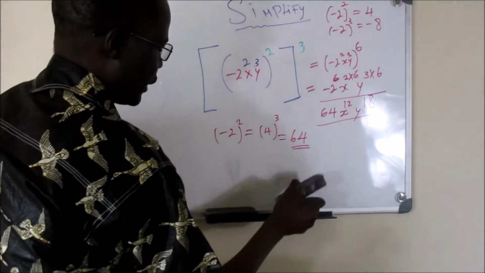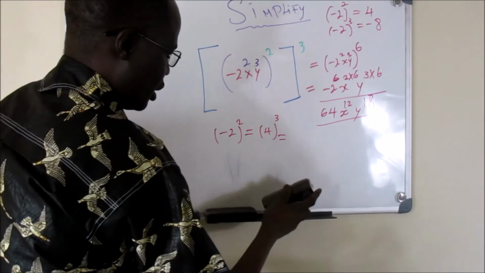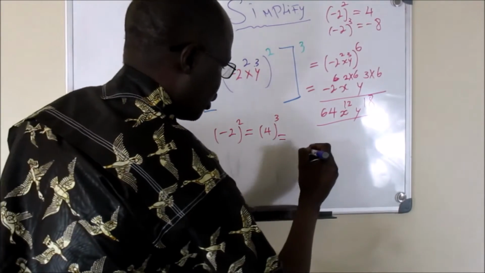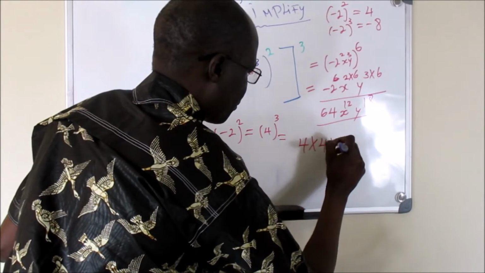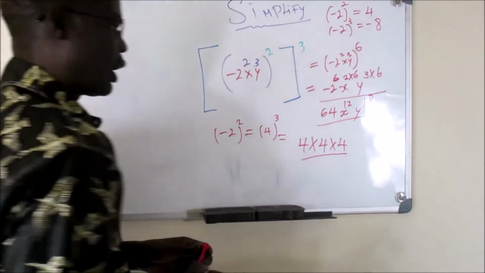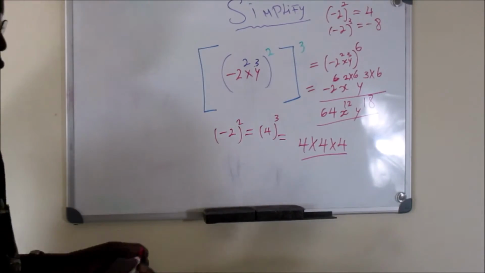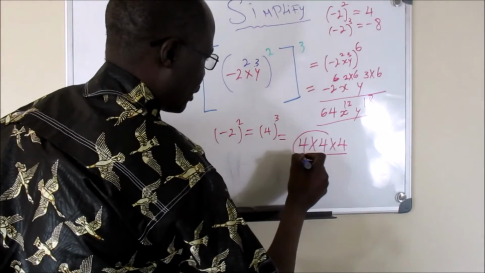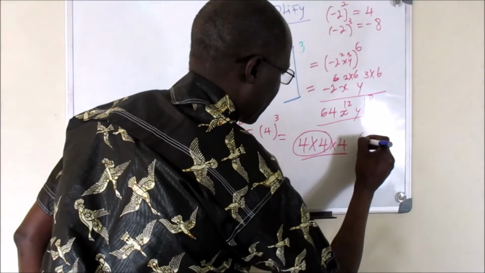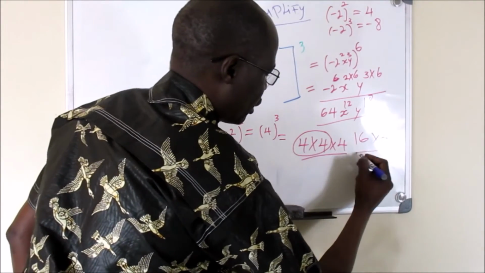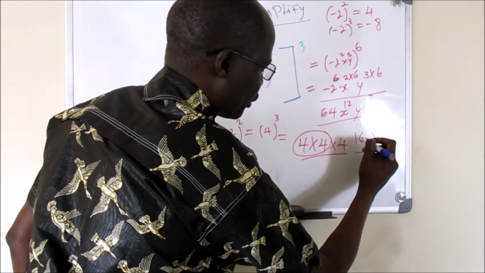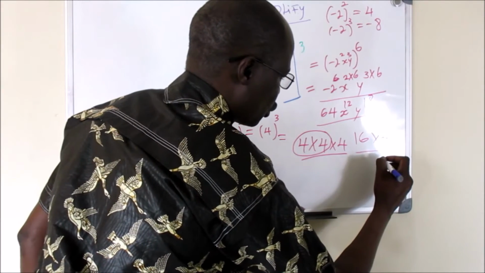How? Because it looks like this: 4 times 4 times 4. That's how you get 64. Because 4 times 4 is 16. 16 times 4, because we know 4 times 6 is 24.